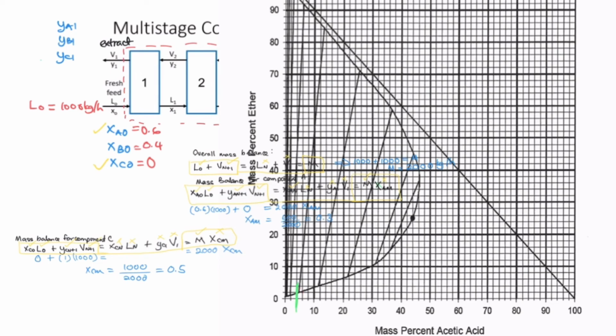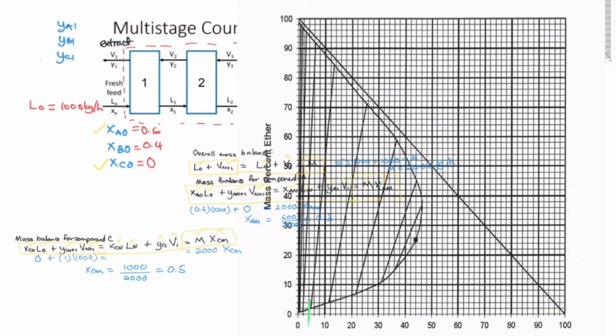Then the next step is to understand how to get the reference point, or the operating point, which you label as a triangle. How do you get this reference point?